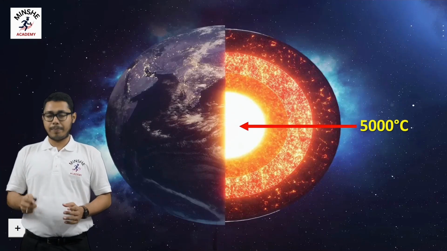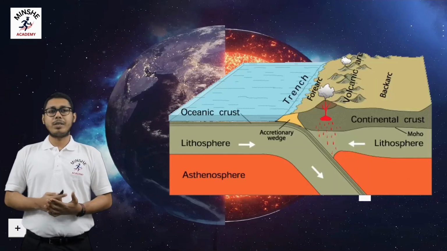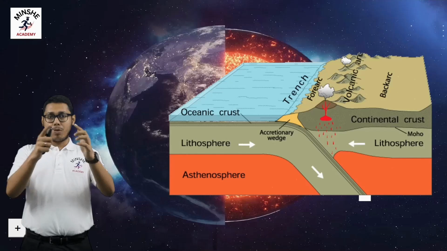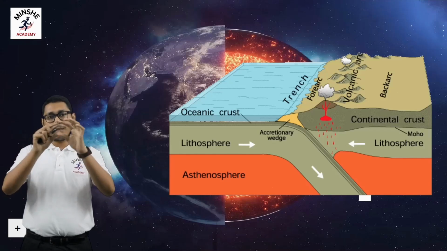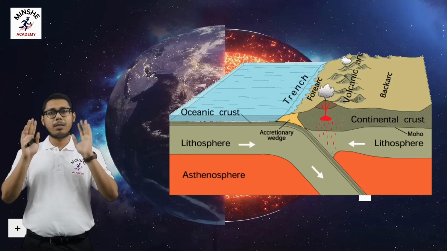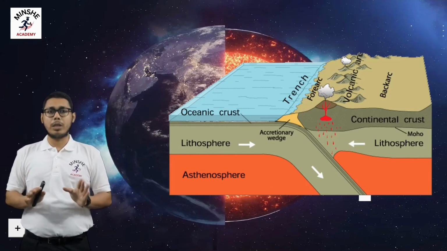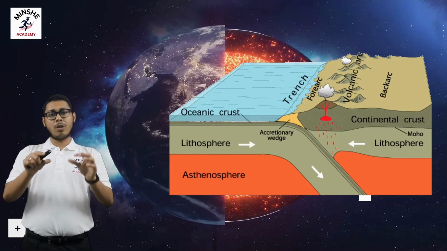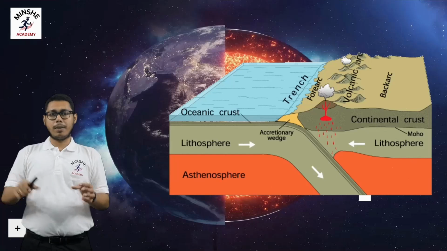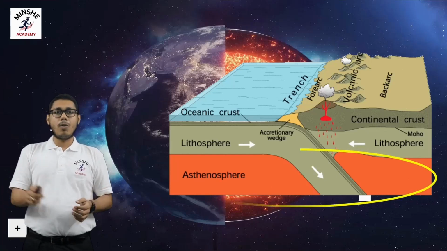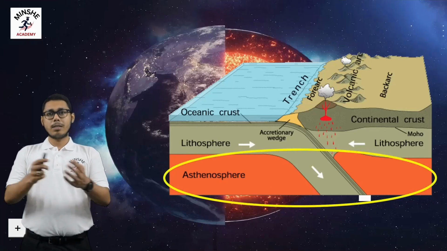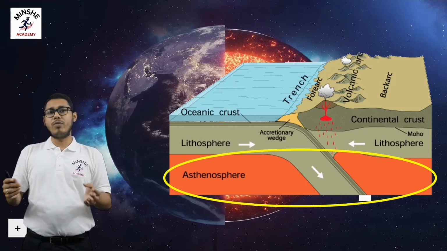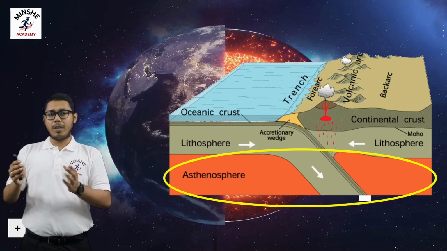So this is that. And I explained to you that the asthenosphere, the oceanic crust, and the continental crust, these are basically the lithosphere. Just for the time being, remember this is lithosphere, right? These are the plates, and the asthenosphere is the molten area. Here, this yellow we are circling is the molten layer, and because it is moving, the lithosphere is also moving, right?